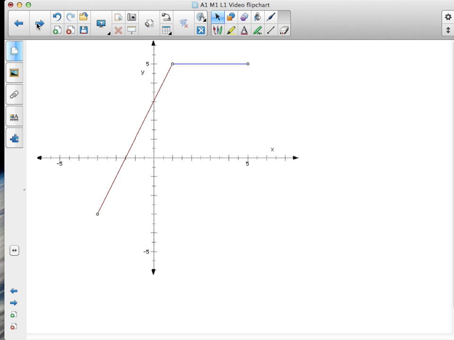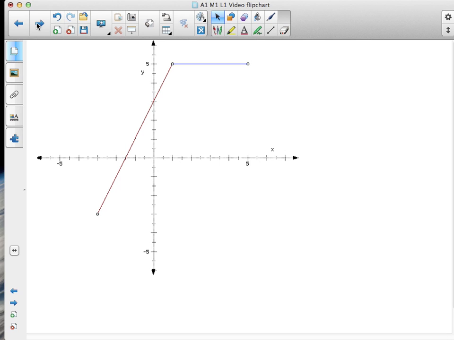We have a function. It passes that vertical line test that makes it a function. Every x maps to one y, and every input has one output. So what we have is that red line and the blue line. They're colored that way so that you can see that even though it's a function, it does have two separate components.